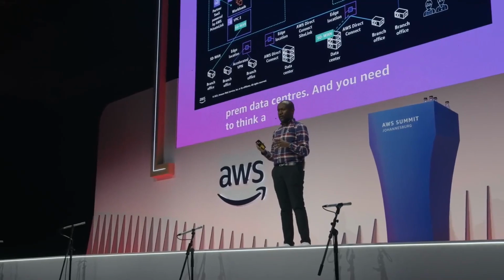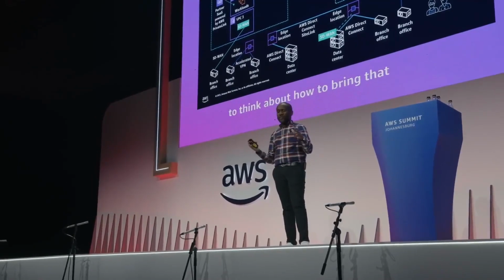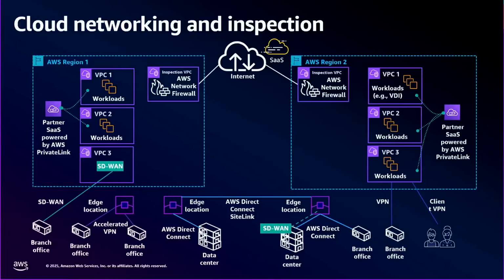So just to make sure that at least we give you the right breadth of capabilities, think about you already have an existing software-defined WAN sitting in a branch office. AWS provides you the capabilities to do SD-WANs using third-party appliances. Think about existing tool sets that you might have.